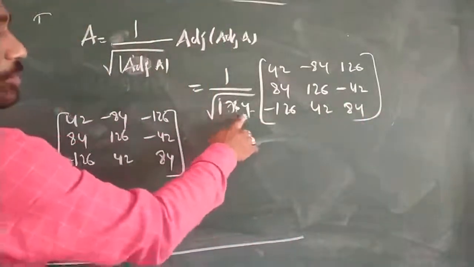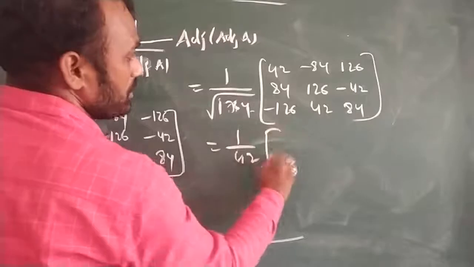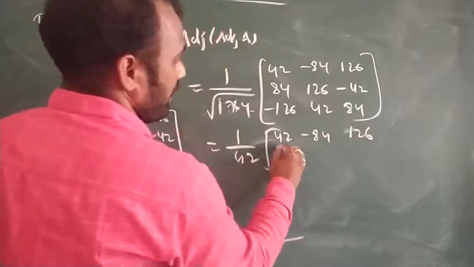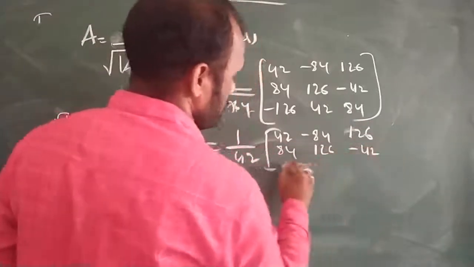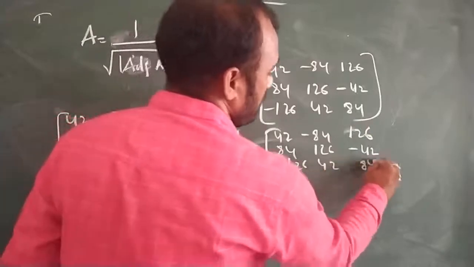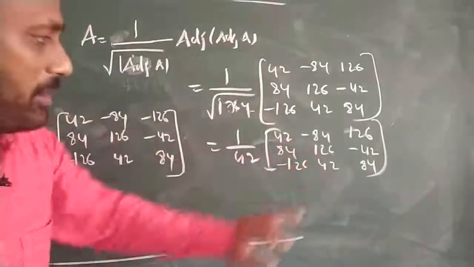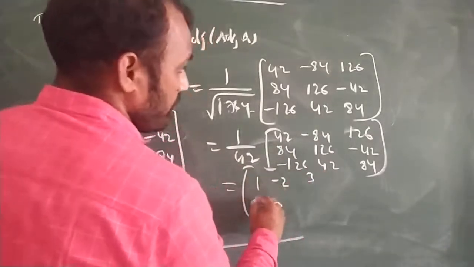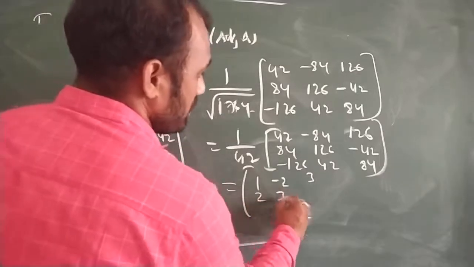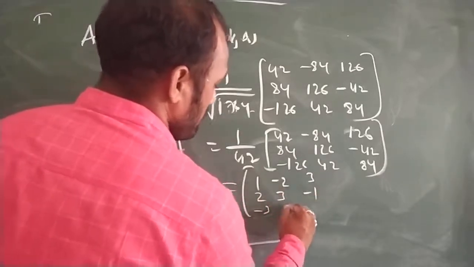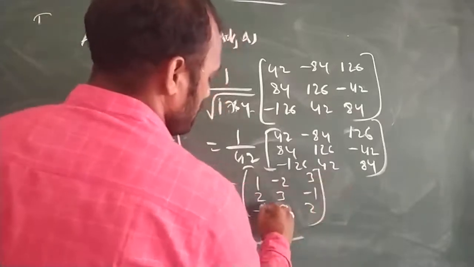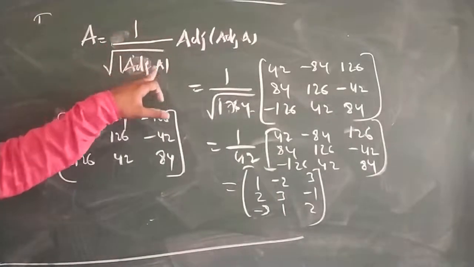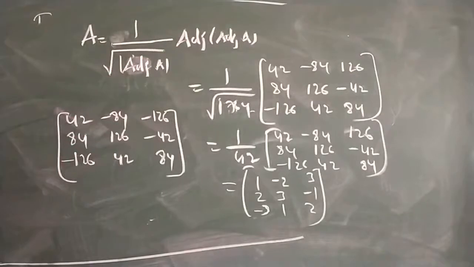The square root of 1764 is 42. So 1 by 42 times this matrix. Here 42 is a factor of every number, so if I divide every entry, it will be 1, minus 2, 3; 2, 3, minus 1; minus 3, 1, 2. So this is the matrix A. Matrix A can be obtained by 1 by root of the modulus of adjoint of A into the adjoint of adjoint A.